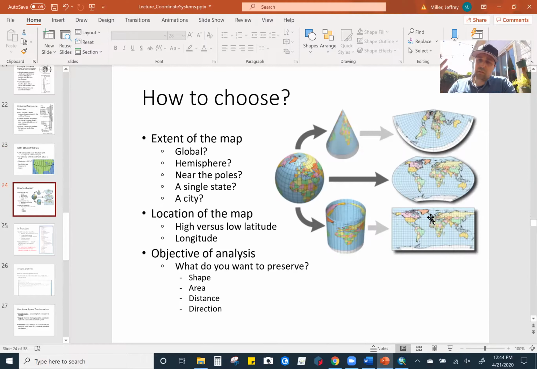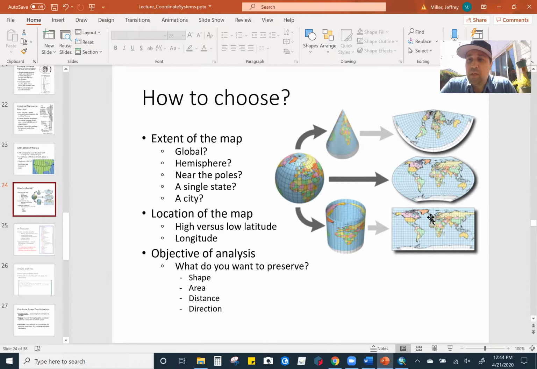Now, in terms of these projections, which one are you going to use? If it's UTM or if it's something else, if it's spherical or is it going to be projected, right? You've got to ask yourself these different things, like what is really the purpose? What's the extent? Is it a global extent, or is it like a hemisphere or a pole, or is it a state or a city?